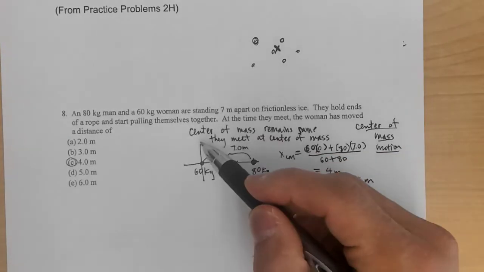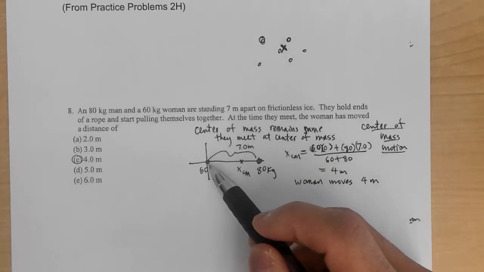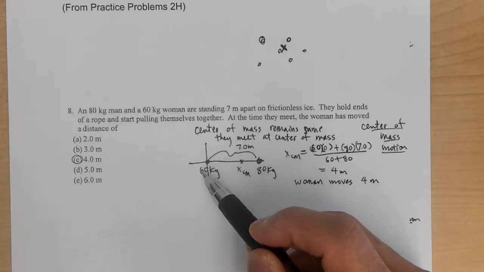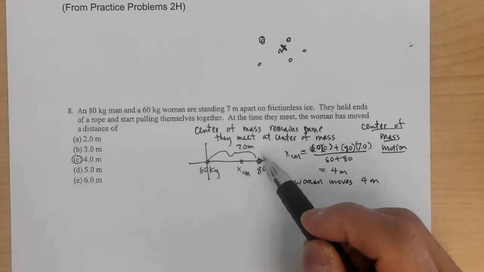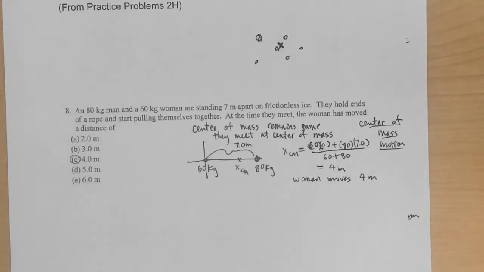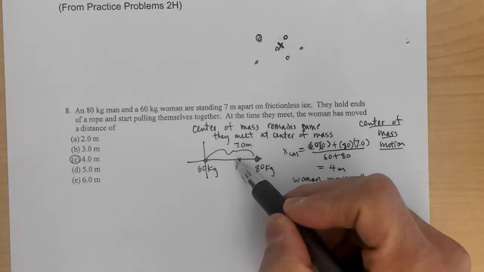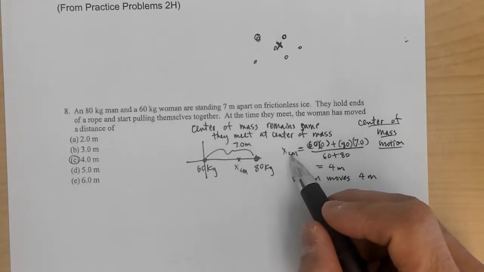Okay, so let's just draw the scenario that's been explained in words. We have this 60 kilogram woman. Let's put her at the origin. Let's put the man at 7 meters on the x-axis because we're told he's 7 meters from the woman. And then we can locate where the center of mass is.